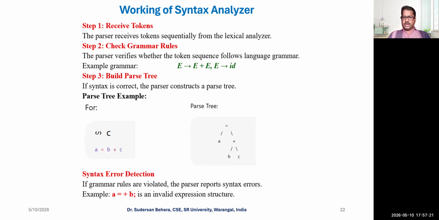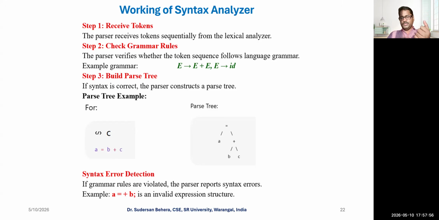That means you declare a variable b of integer type. The sentence is very correct. If you write b semicolon next int, is the sentence correct? No. But the tokens are the same. Previously int was there, now also int is there.